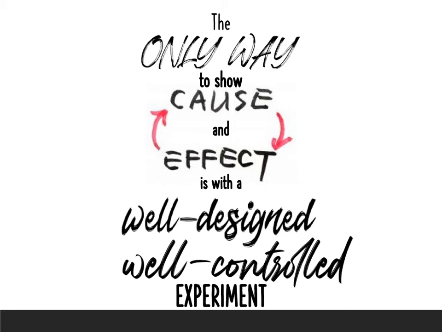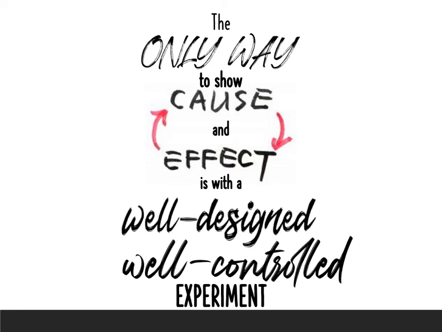The big idea as far as statistics, experiments versus observational studies, why we do hypothesis testing, which we'll be doing near the end of the semester, the reason we collect data: the only way to show cause and effect is with a well-designed, well-controlled experiment.